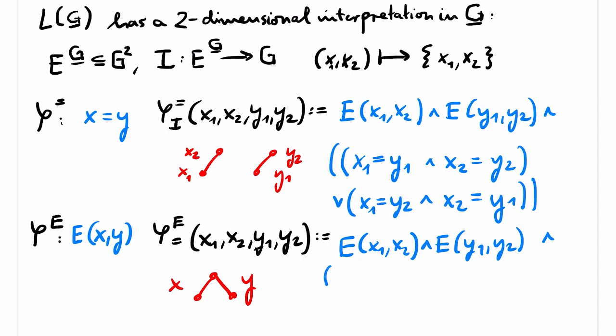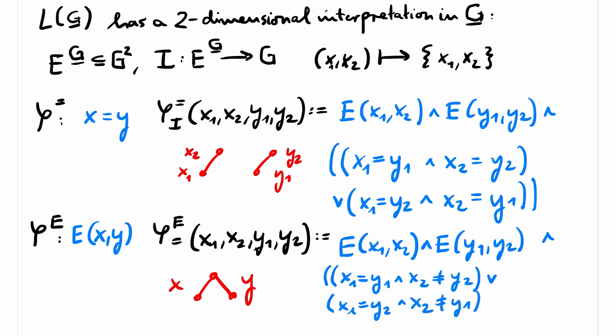For example, if x1 equals y1 and x2 is different from y2, then there is an edge. Similarly, there is an edge if x1 equals y2 and x2 is different from y1. And there are 2 more cases where the overlap happens at x2, which did not fit on the screen. So we conclude that the line graph of any graph G has an interpretation in G.